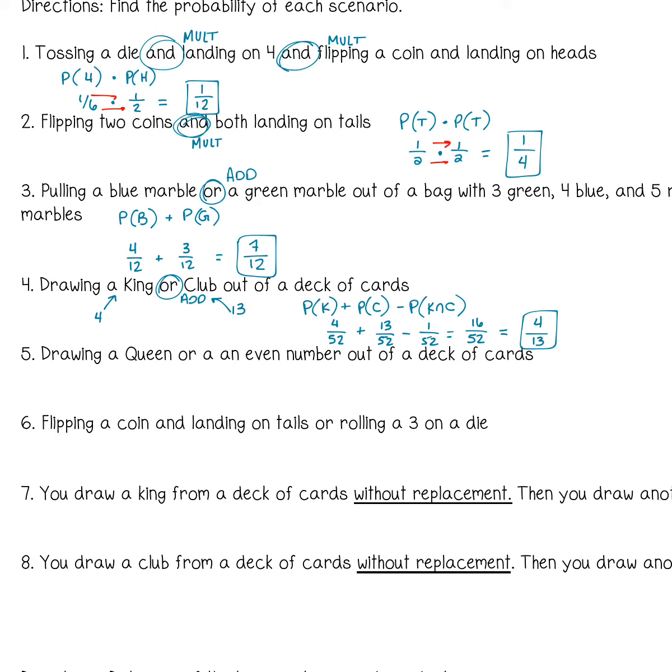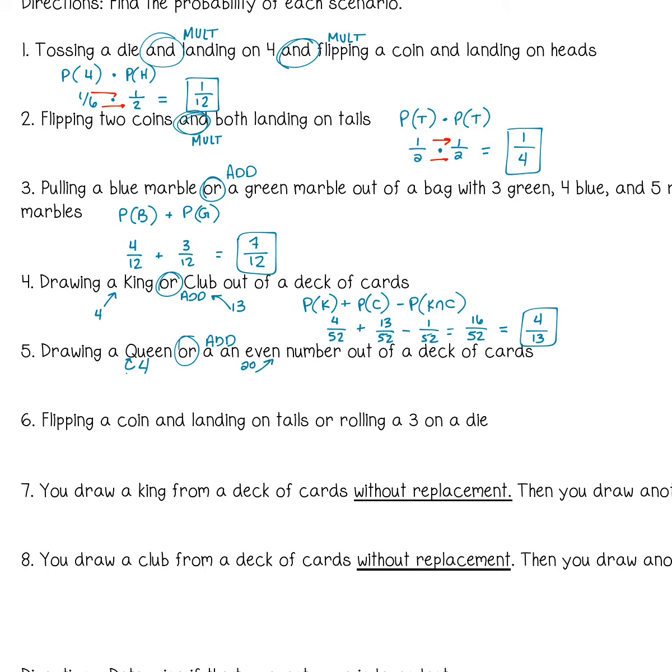Queen or even number. Or means add. There's 4 queens. There's 20 even numbers, if you remember back earlier. Do queens overlap with even numbers? No, they do not, so we don't have to worry about that. These are mutually exclusive of one another.